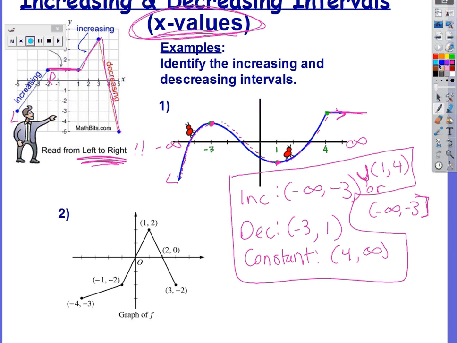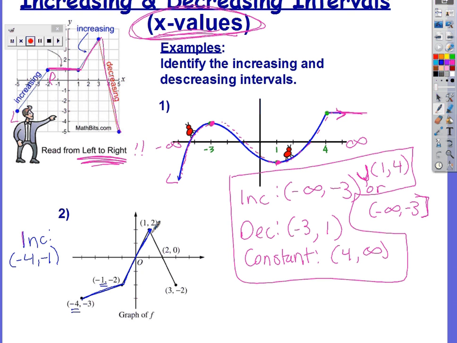Okay, let's change the color for 2. And let's read it from left to right. There we go. Okay, so this is increasing. Again, we look at the x value. So it's increasing from negative 4 to negative 1. It continues to increase, right? Your y values are still getting larger.